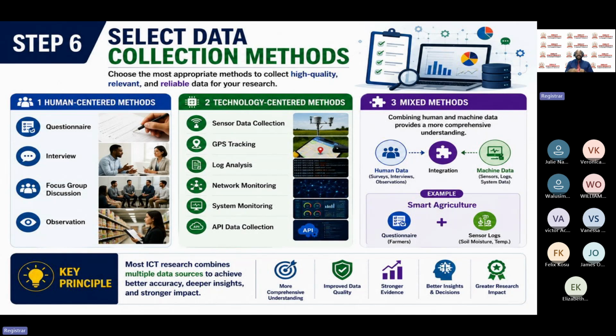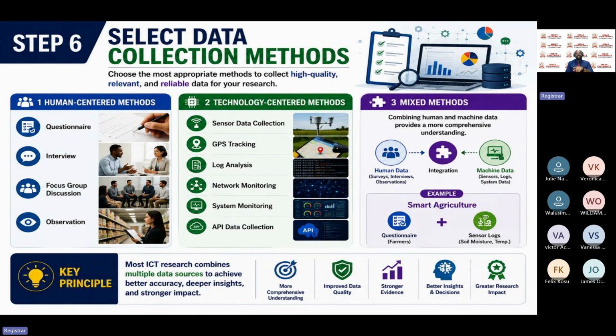Then we use technology-centered methods where we collect sensor data, maybe GPS tracking, as in the case of the agri rover, its path movements, log analysis, network monitoring, system monitoring, and API data collection. Maybe my non-ICT scholars may not digest this well because it is a bit more skewed to ICT researchers. But for my social science researchers, again, you have scope for human-centered methods.